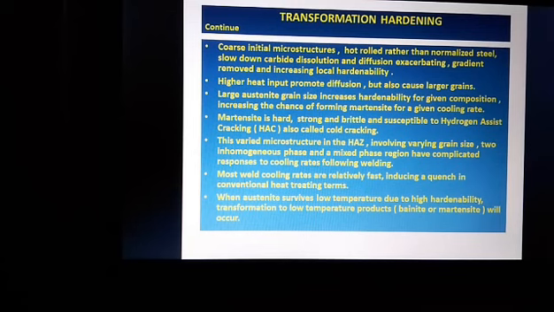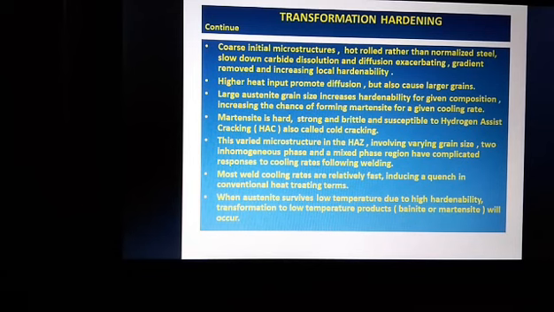Excavating gradients removes them and increases local hardenability. Higher heat input promotes diffusion but also causes larger grains. Large austenitic grain size increases hardenability for a given composition, increasing the chance of forming martensite for a given cooling rate. Martensite is hard, strong, brittle and susceptible to hydrogen assisted cracking, HAC, also called cold cracking.